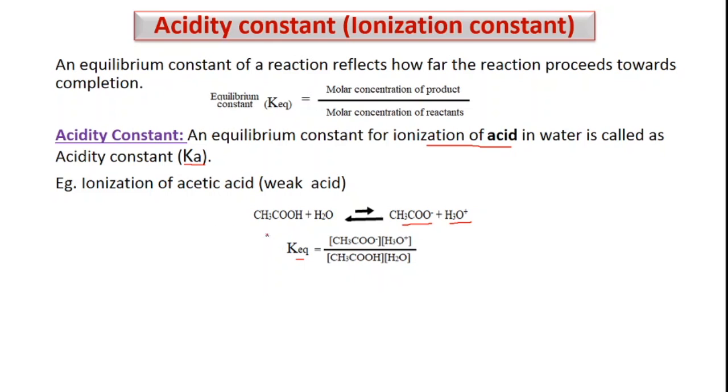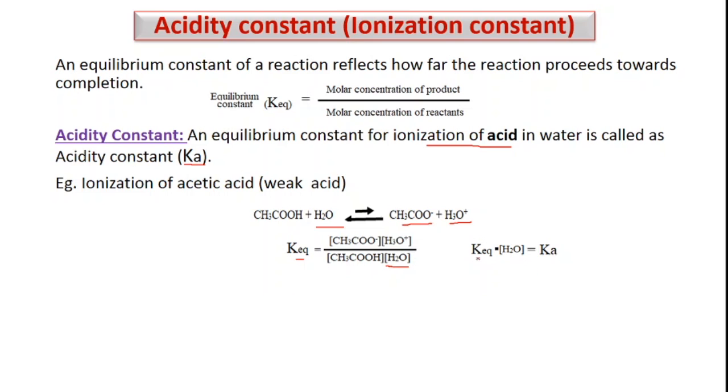Now in this reaction water exists in excess amount, so the change in the concentration of water is not significant, so we can consider the concentration of water as a constant. So this Keq is also a constant and the concentration of water is also a constant.